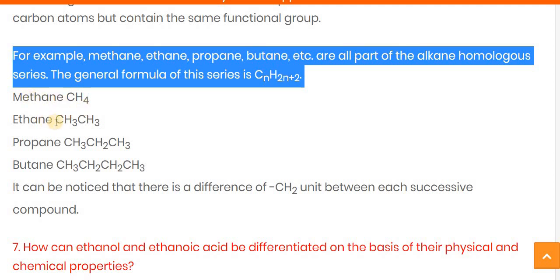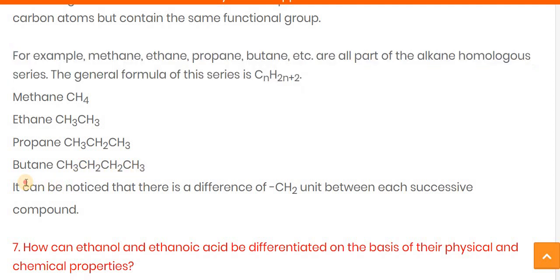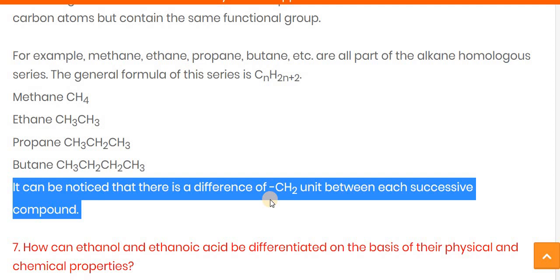Methane means CH4, ethane means CH3CH3, propane means CH3CH2CH3, butane means CH3CH2CH2CH3. So it can be noticed that there is a difference of only a CH2 unit between each successive compound, but the functional group is the same. Between all the carbon atoms, a single bond is present, so we consider it an alkane. This is the homologous series of alkanes.